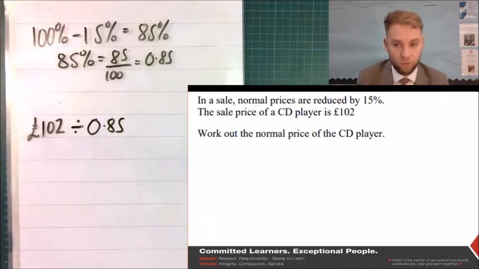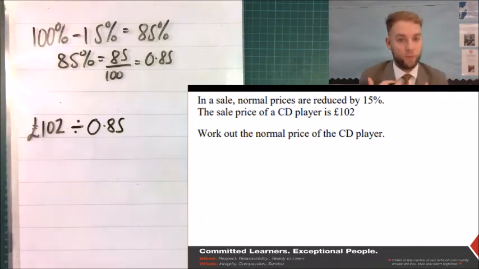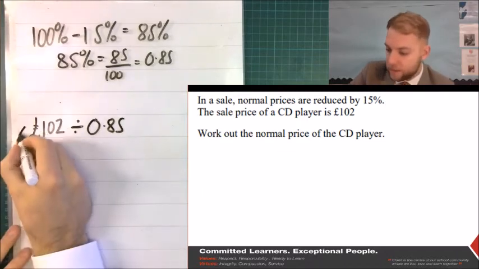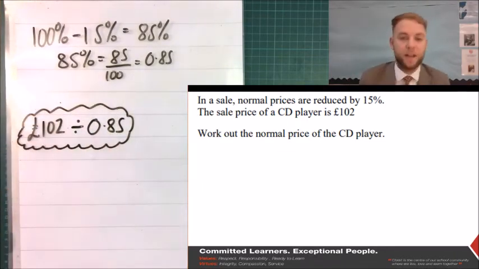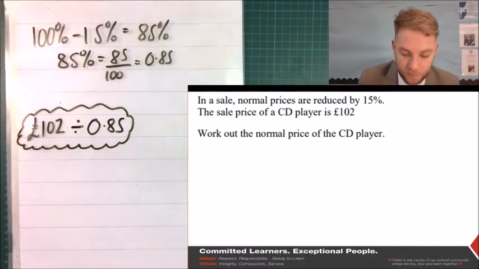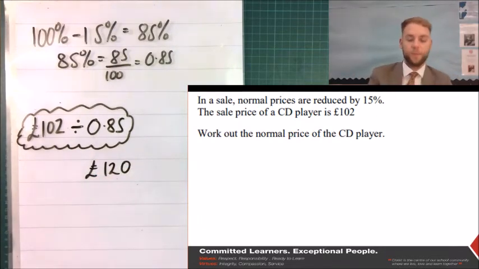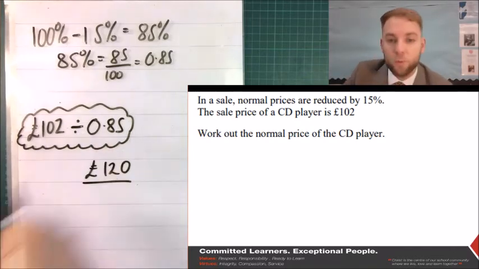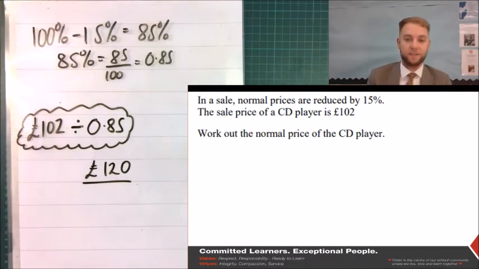But you can't do that because you're finding 15% of 85%, not of the 100%. The best way to do it, if you've got a calculator, is to divide by this multiplier. Okay? So 102 divided by 0.85, which in this case is equal to £120. So I'm dividing by my multiplier because I'm trying to find the original amount or the normal price.